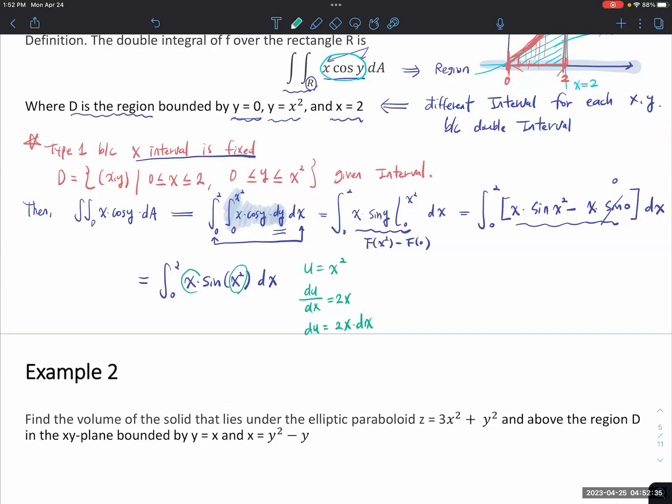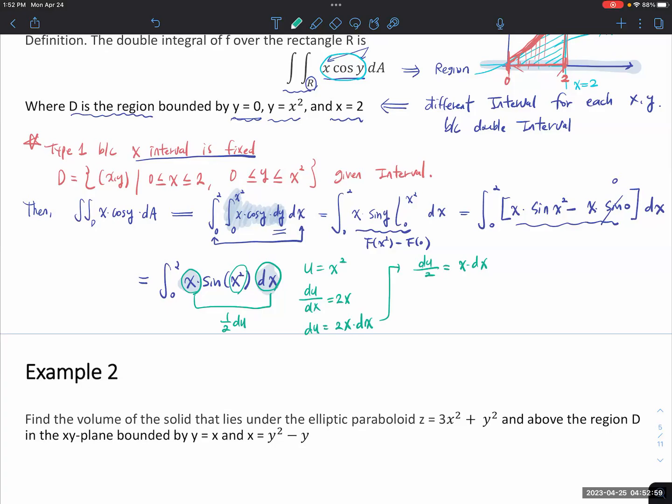So we need to find x times dx. If you divide by 2, x times dx is going to be equal to 1 over 2 du. Are you following?